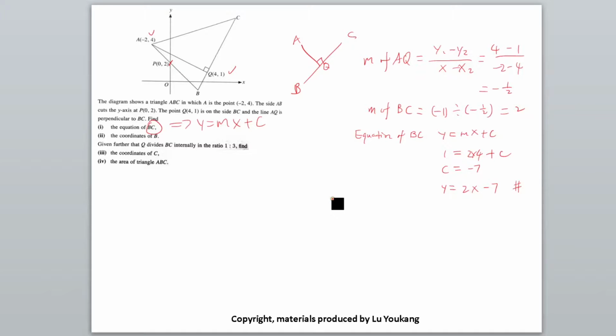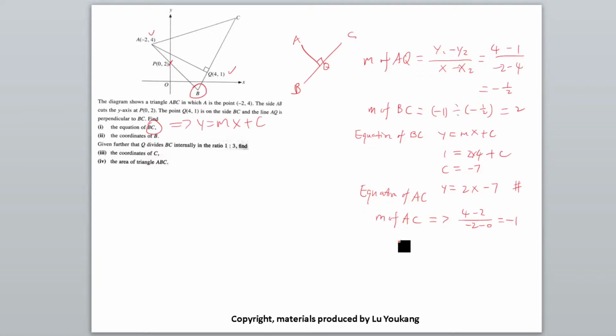Okay, now we are asked to find the coordinates of B, right? So you should realize that line BC and line AB intersect at point B. Therefore, it's good to find out the equation of AB.